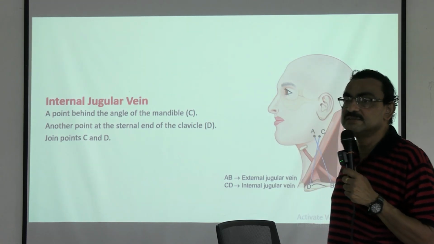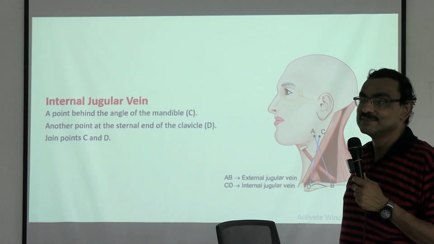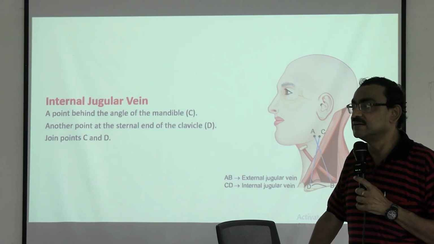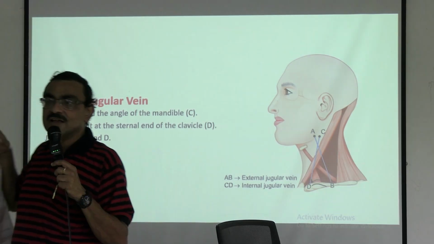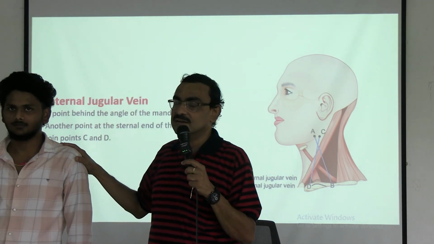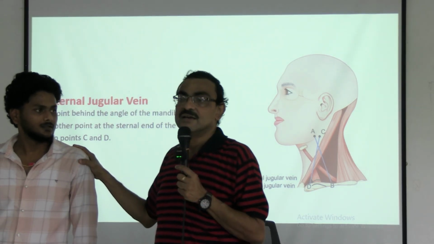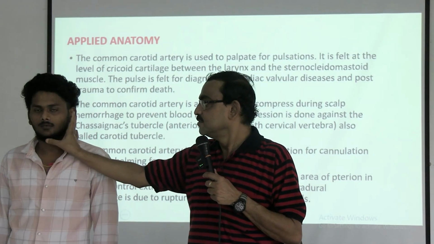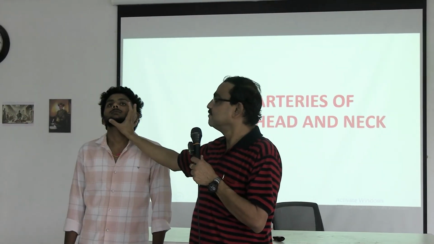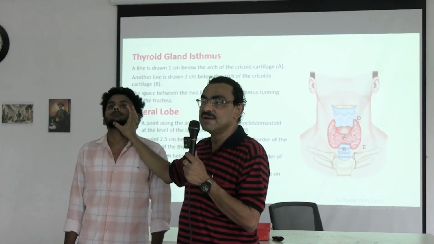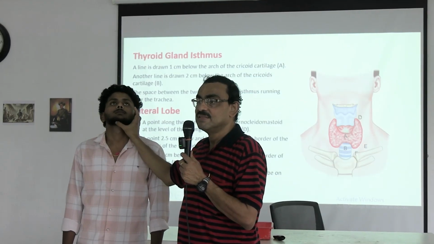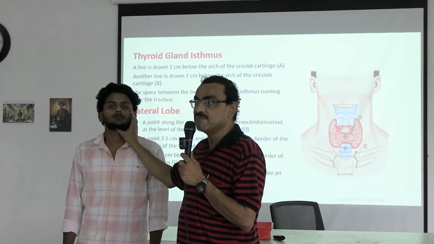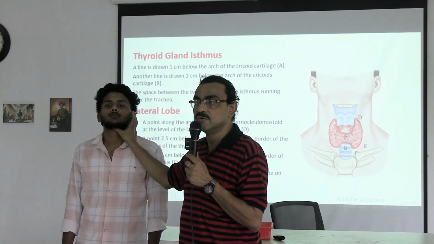The first point, tell me, isthmus of the thyroid gland. How can we identify the isthmus of the thyroid gland? First, we can feel the symphysis menti. Then if we go straight below, we can find one bone, that is the hyoid bone.